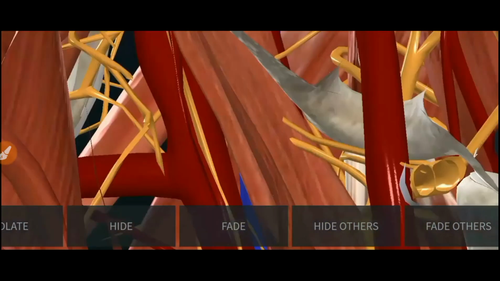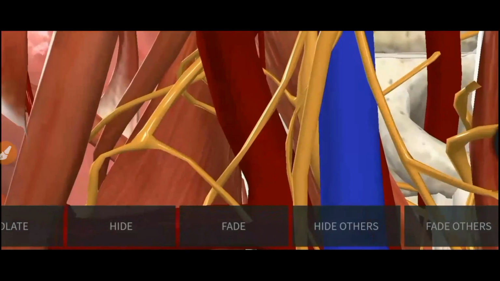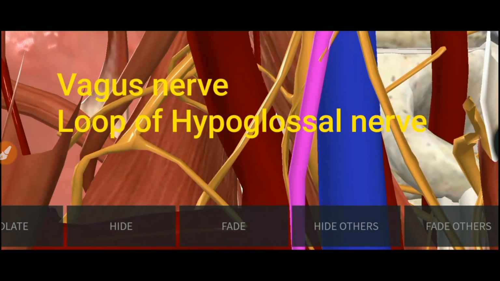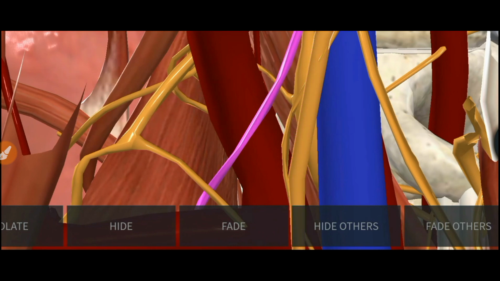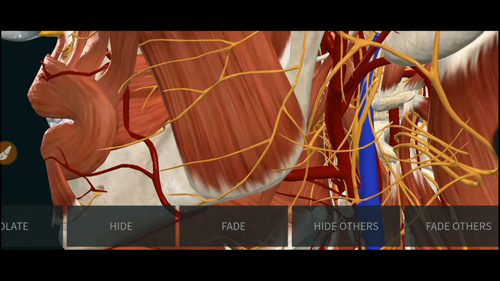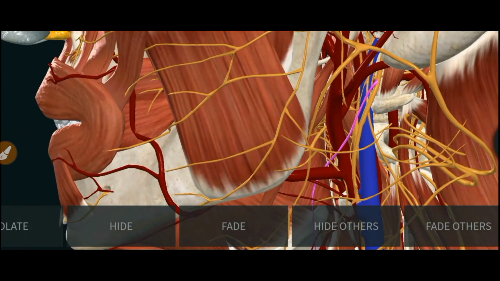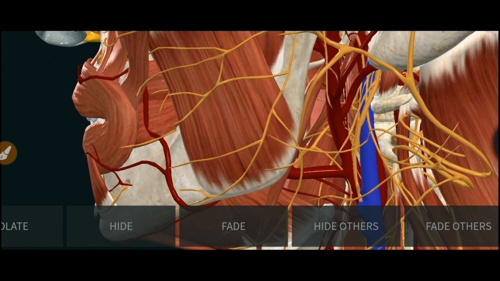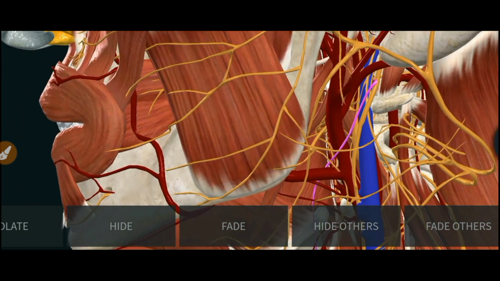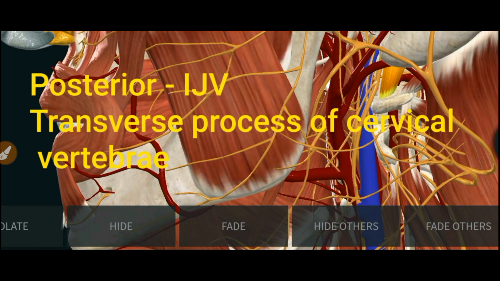You can see the vagus nerve, glossopharyngeal nerve, and loop of hypoglossal nerve. So all these nerves go between the internal carotid and internal jugular vein. You can appreciate it if you take out the internal jugular vein.